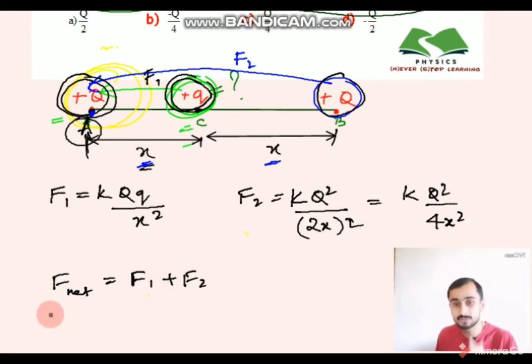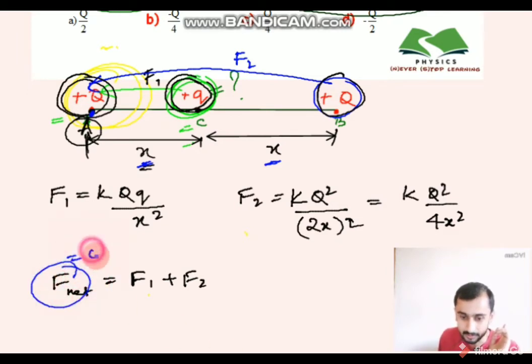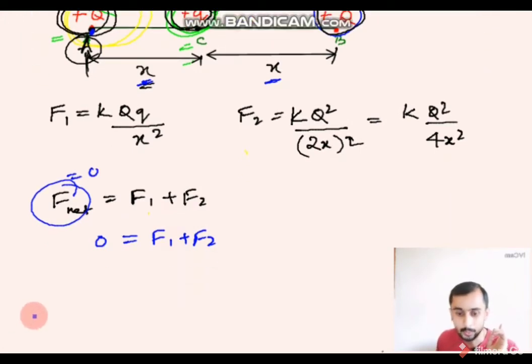Now if this system has to be in equilibrium, as I said, the net force on any charge must be equal to 0. That means this F net value must be equal to 0. Therefore we can write 0 equals F1 plus F2, so F1 plus F2 equals 0.